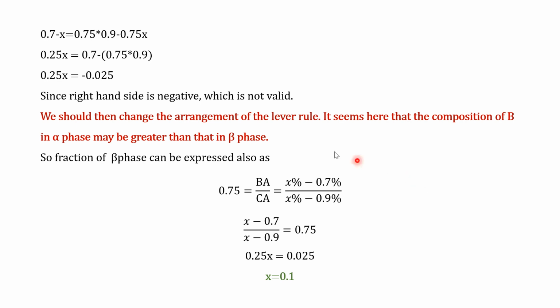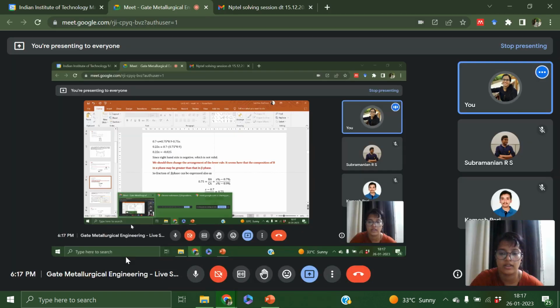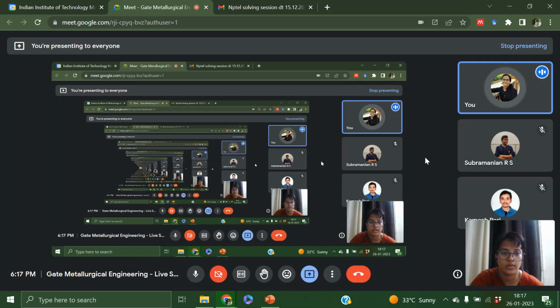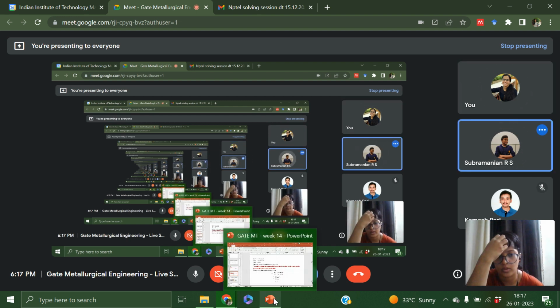Were you able to identify where you got 1 instead of 0.1? What about Kamish? Is he getting 1 or 0.1? If he's also getting 1, then I might have gone wrong somewhere. Okay.